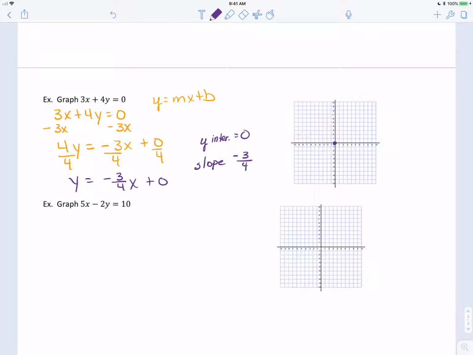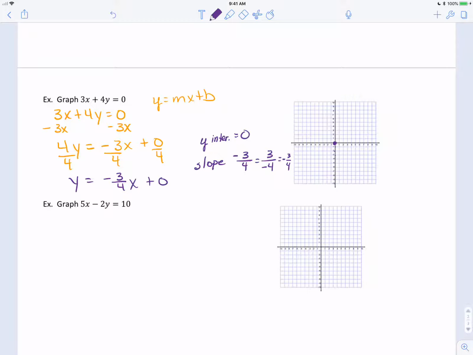-3 over 4. Would you say that's the same thing as 3 over -4? Is that the same thing as -3 over 4? Yes, it is. Remember, a negative divided by a positive is still a negative. So it doesn't really matter where you put that negative sign. So I can go down 3, 1, 2, 3, but only one of those can be negative.